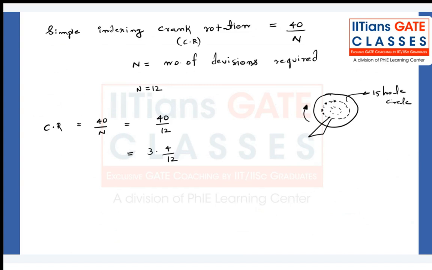Here you lock your crank pin. After completion of one division, if you want the next division, then again rotate 3 rotations, and then 1, 2, 3, 4 holes have to be moved. Then you will get another division.